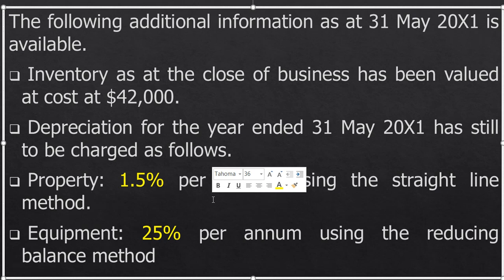We discussed depreciation and the methods of computing it at length. Therefore, I implore you to go and watch those videos. So this one, 25% equipment, they are telling us to use the reducing balance method.